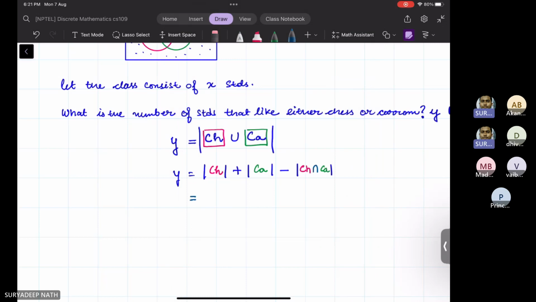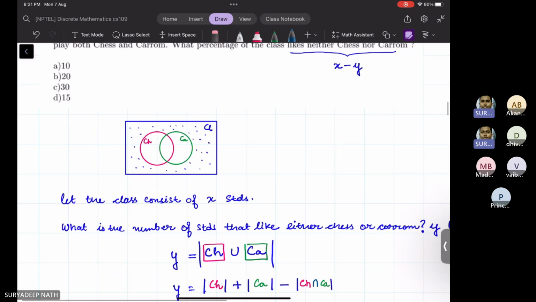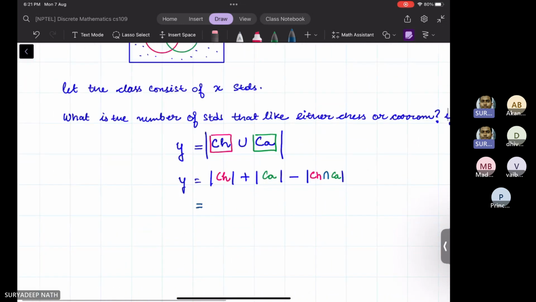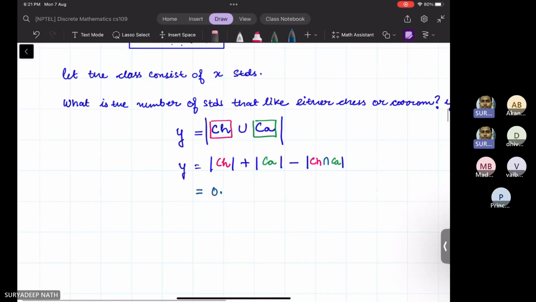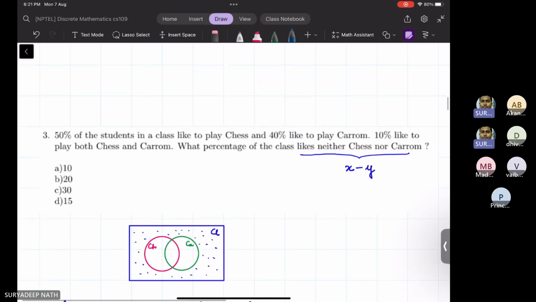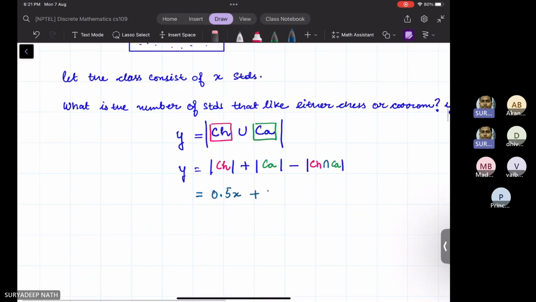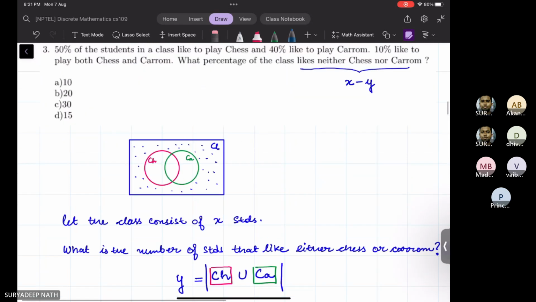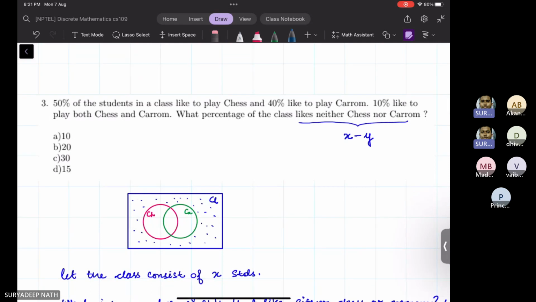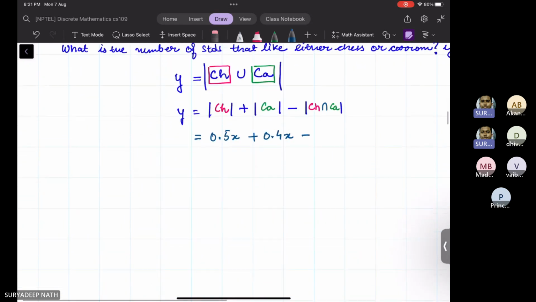So that is nothing but chess is 50% of the class, so that would be 0.5x. Carom is 40% of the class, that is 0.4x. And chess intersection carom is 10%, that is, 10% like to play both chess and carom, that is 0.1x. So this turns out to be 0.8x.